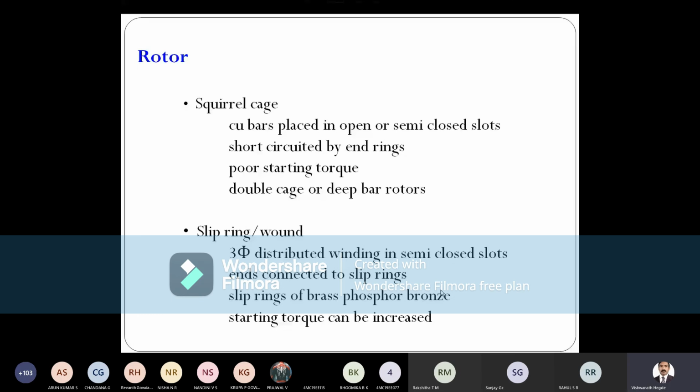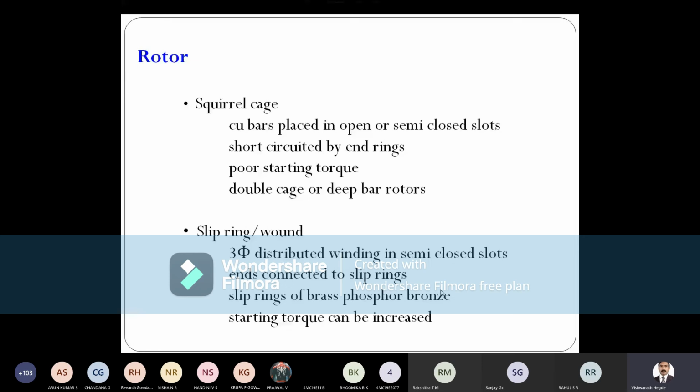So what is done? The ends of the windings are connected to slip rings on one side. The other end is usually connected in star. What are the slip rings? I will show you the photographs.